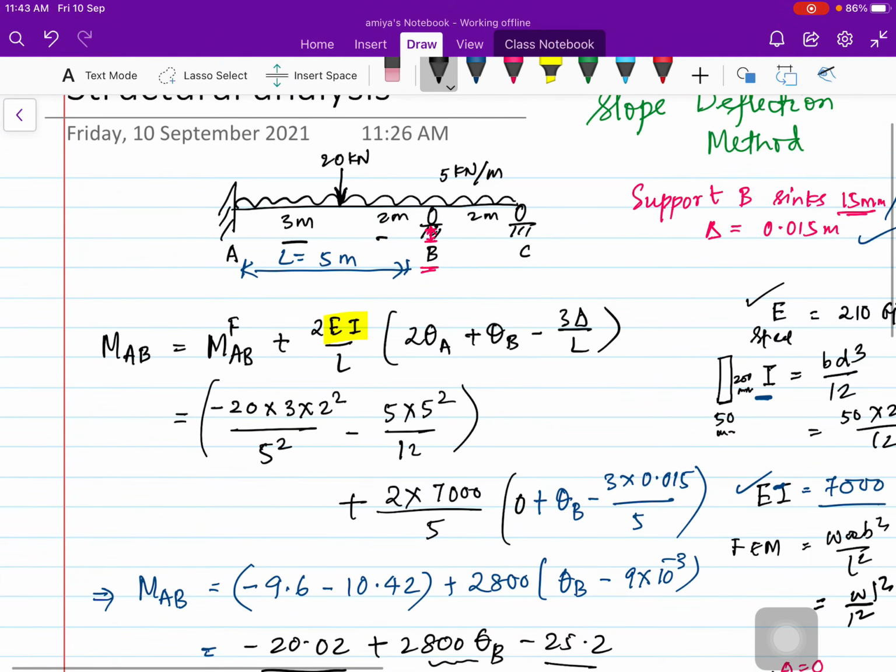Similarly, we will now be calculating MBA, then MBC and MCB.